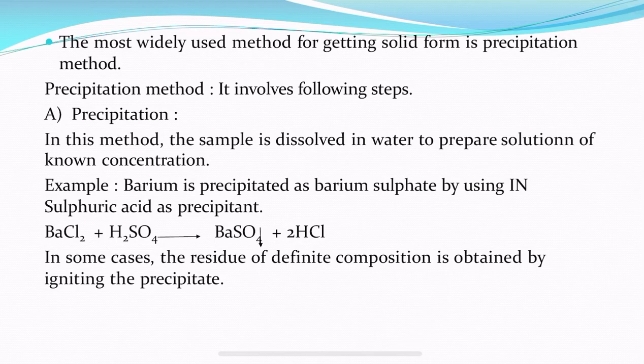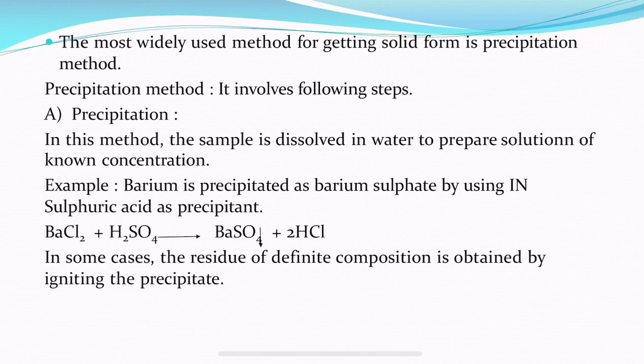The first one is that the sample is dissolved in water to prepare a solution of known concentration. First we have to prepare the solution. For example, let me take the barium chloride experiment. This is the estimation of barium in barium chloride by precipitating it as barium sulphate.